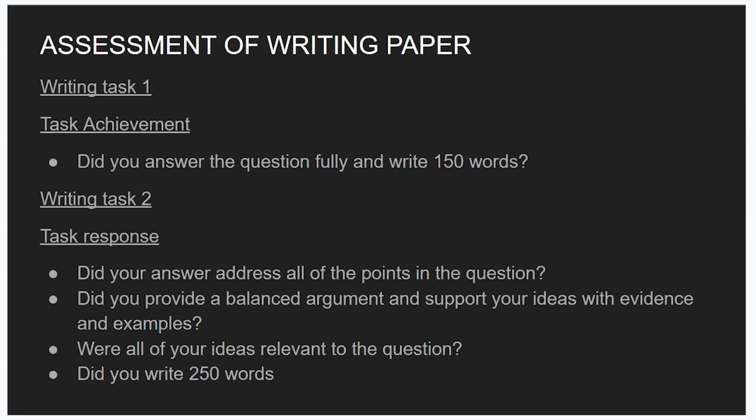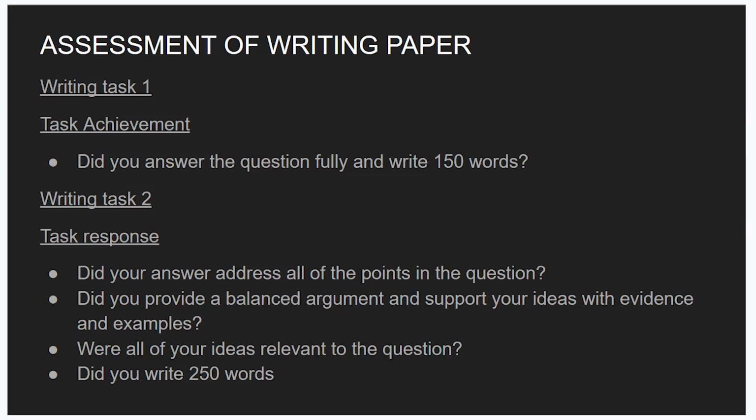Let us see the assessment of the writing paper. For writing task 1, they look more into task achievement. That is, are you able to answer the question fully and write 150 words? This is what they call task achievement.